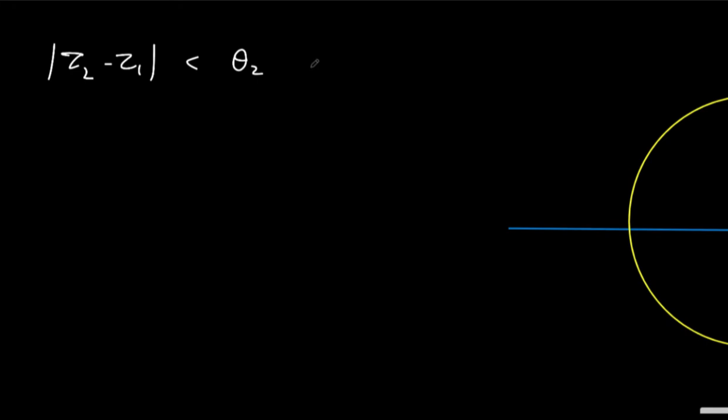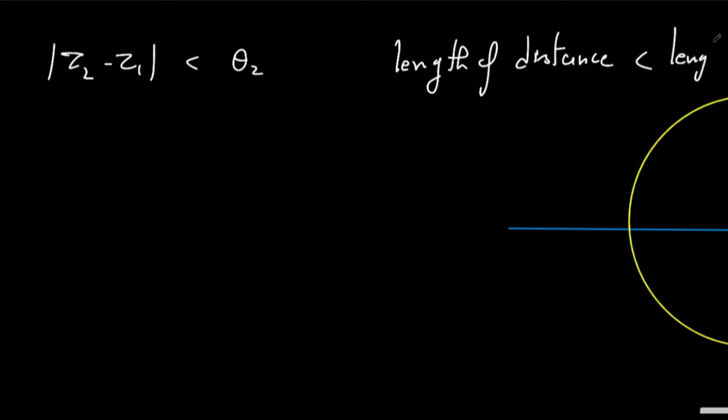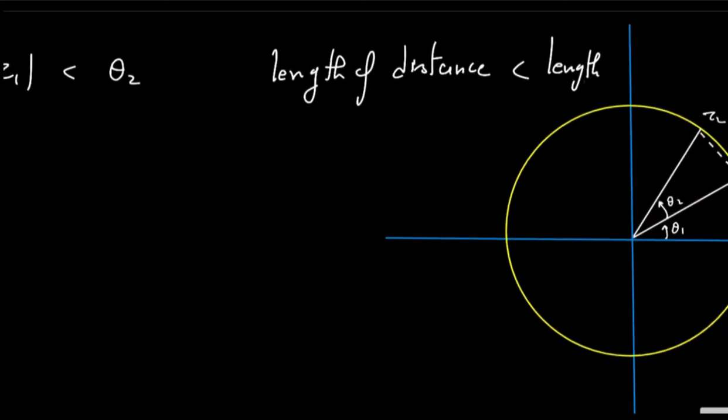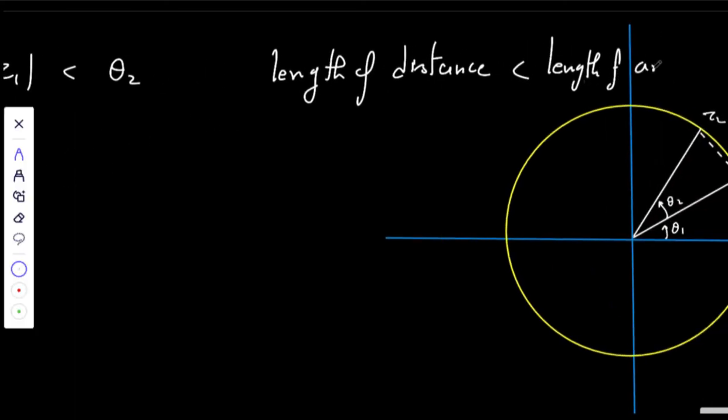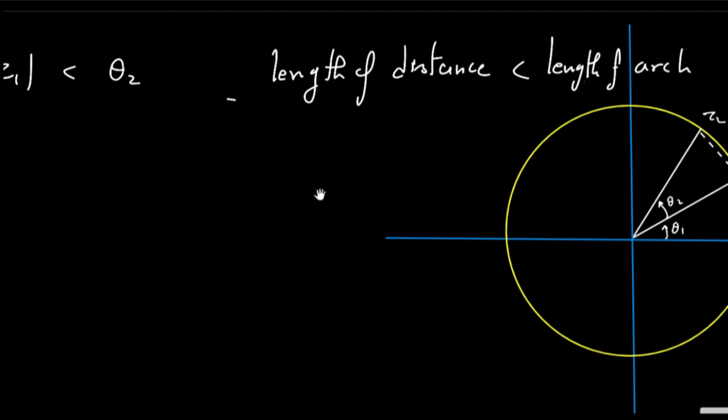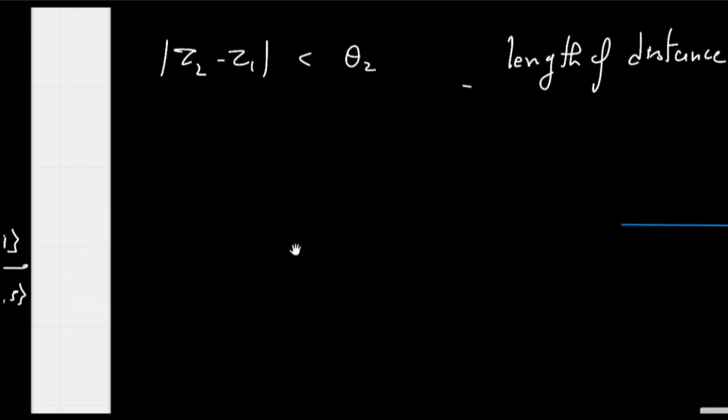So the length of the direct distance is less than the length of the arc. This is a formula, you can say, but it's very obvious here.